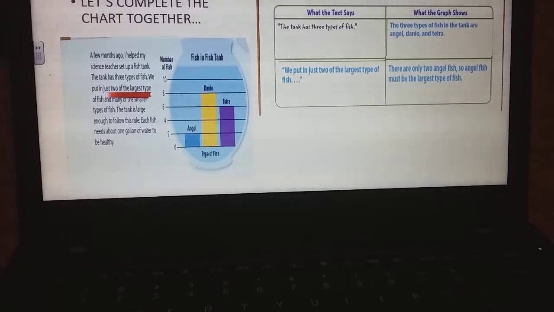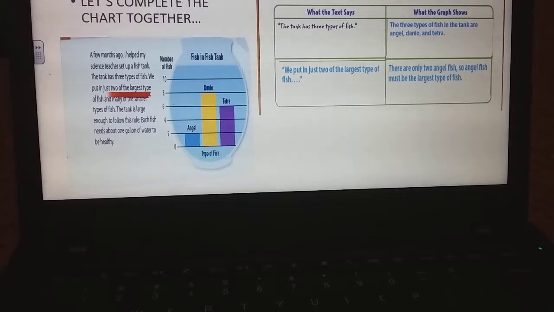So we have to logically conclude that the angelfish are the largest type of fish. Now, we didn't get that just from reading the text. In this example, the visual enhanced our understanding of the text. It was like a helping aid for us.